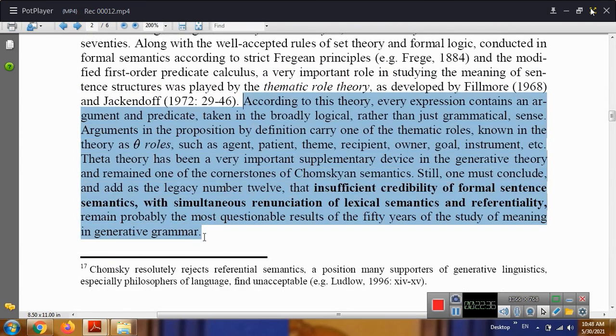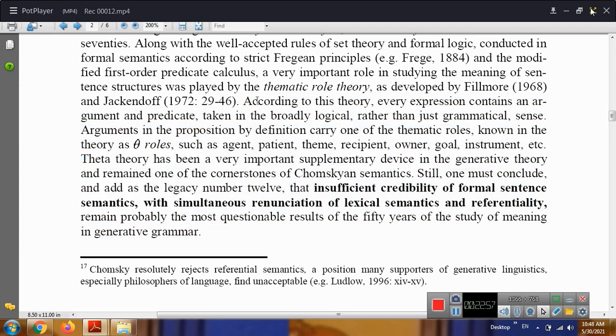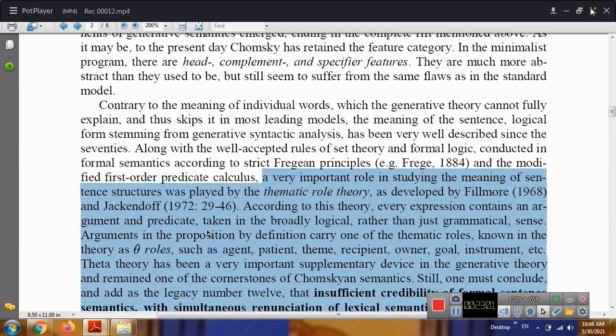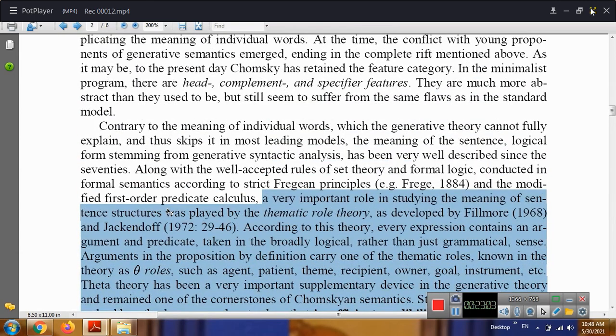According to this theory, every expression contains an argument and a predicate, taken in the strictly logical rather than just grammatical sense. Dear student, you should know these lines are important in this paragraph.